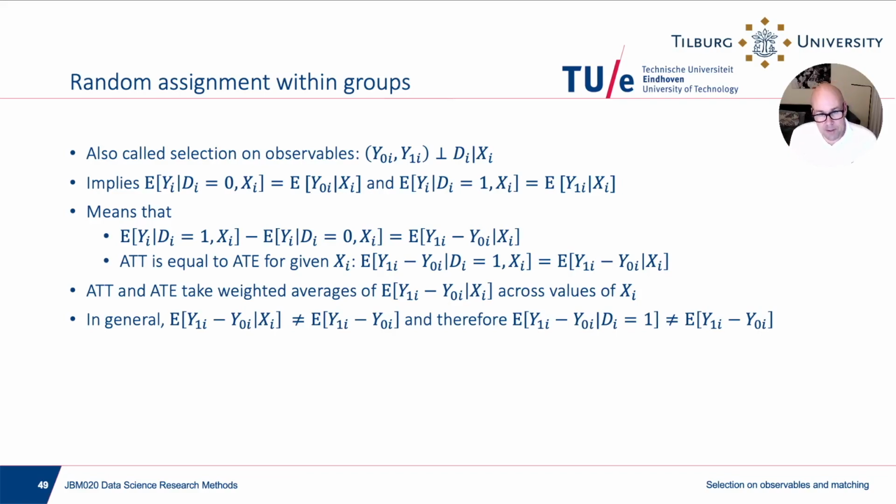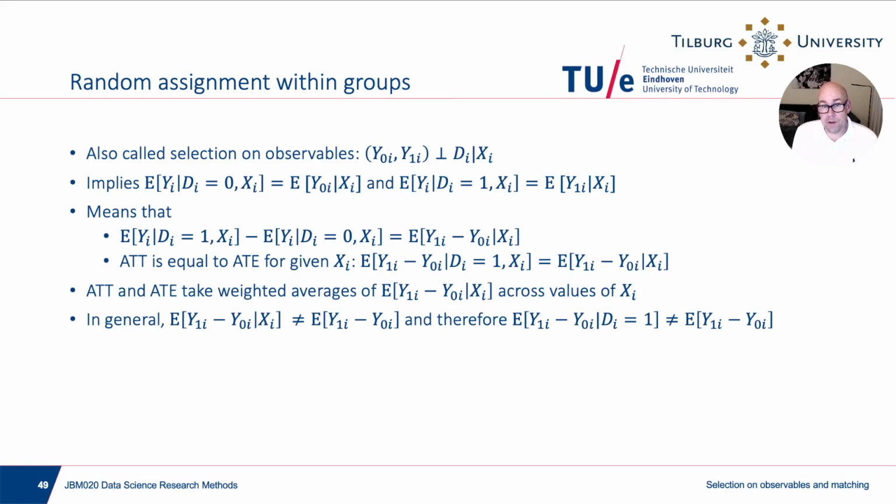Now the average treatment effect on the treated and the average treatment effect both take weighted averages of these group-specific treatment effects, and the difference is that they put different weights on the groups when they take that average. In general, the average treatment effect in a group is not equal to the average treatment effect in the population, because the average treatment effect in the population is averaging across groups with the population weights, basically.